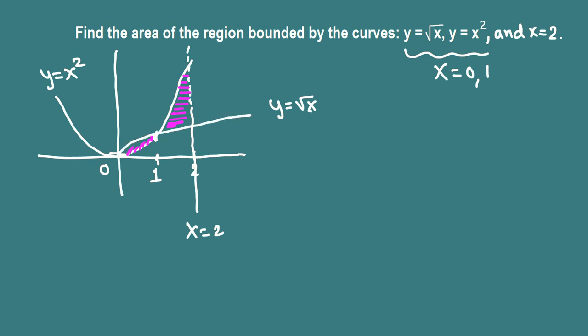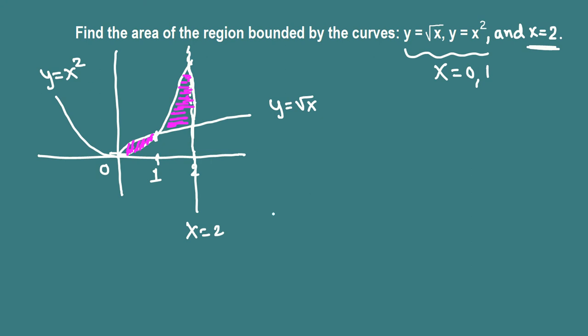The third curve was x equals 2, which is here. And we have this region and this region. So there are two different areas.